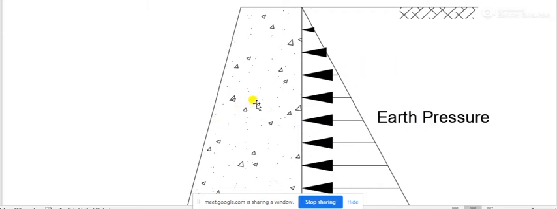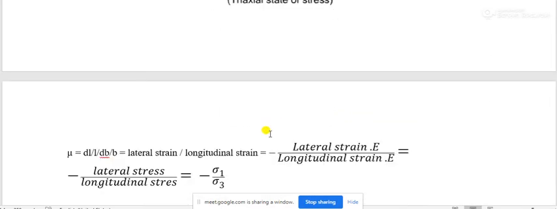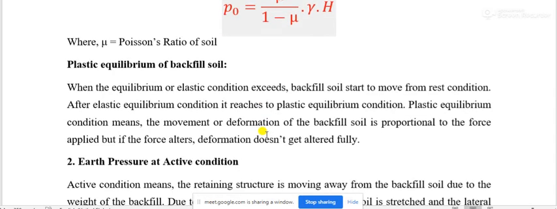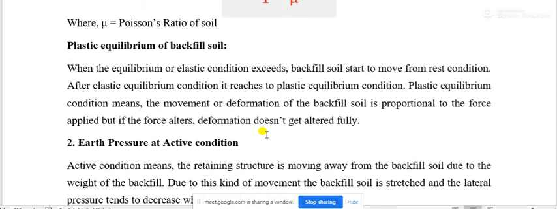The soil or the wall is tending to move but not moving yet, in a plastic condition, that means beyond the elastic limit. This condition is actually called plastic equilibrium condition of backfill soil.